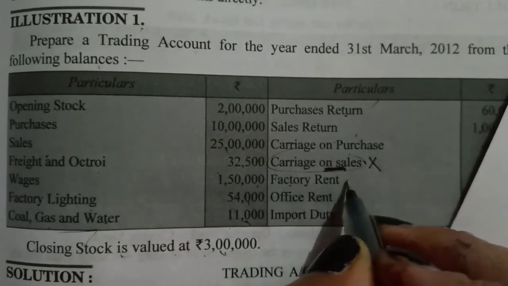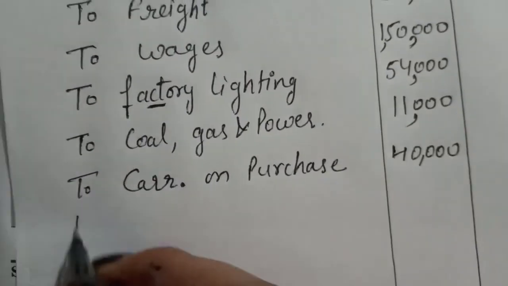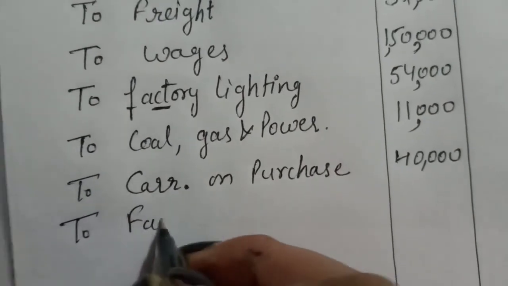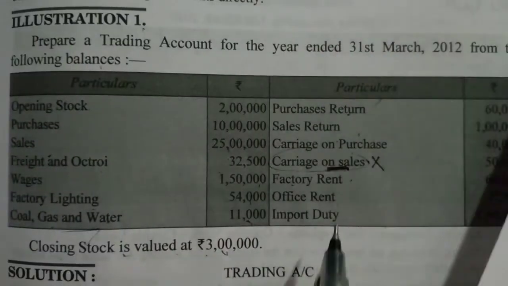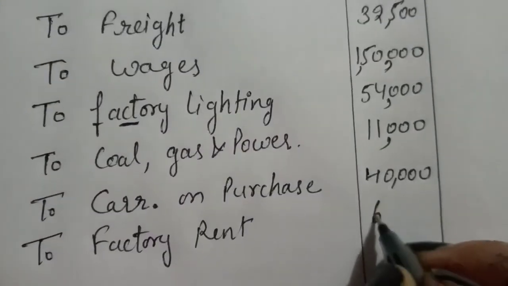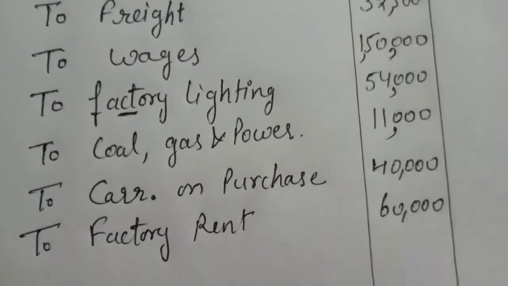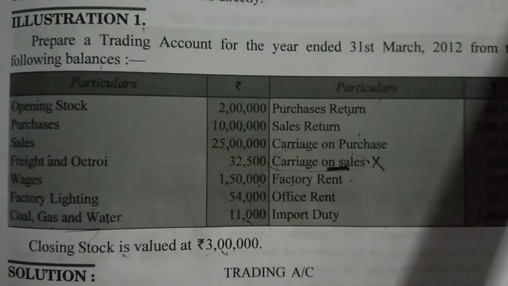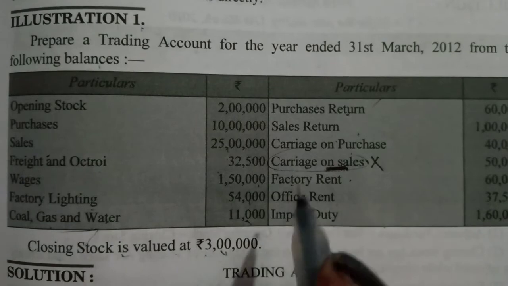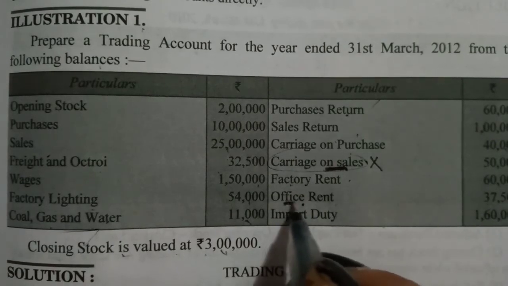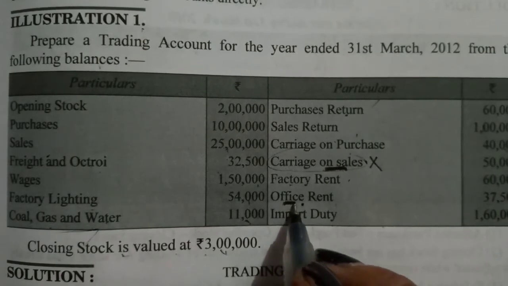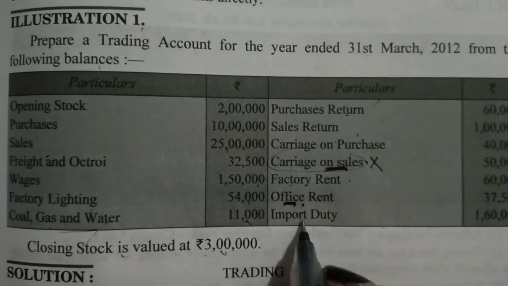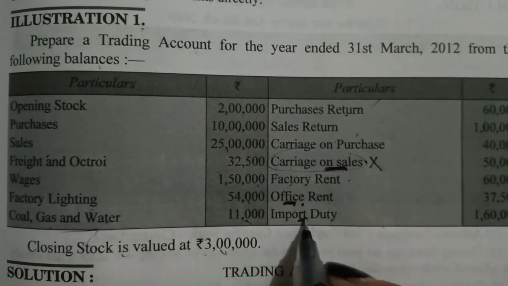Then factory rent. Factory rent you will write, this is your expense. So "To factory rent". Factory rent is 60,000. Next, office rent. This is office rent, which means this expense is related to office. So it will be recorded in profit and loss account, not in trading account. Next, import duty. Import duty is our direct expense.